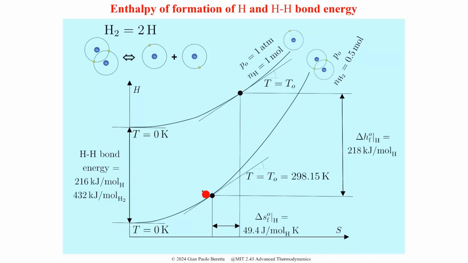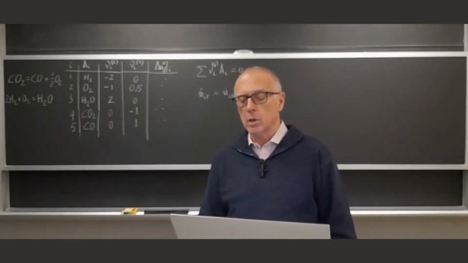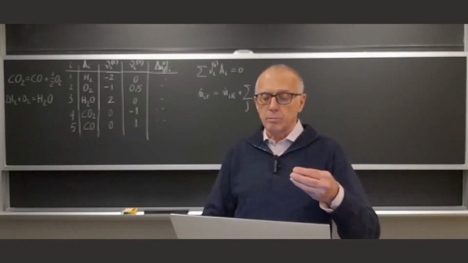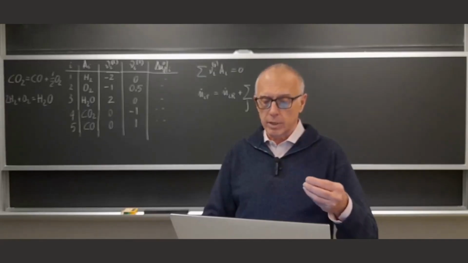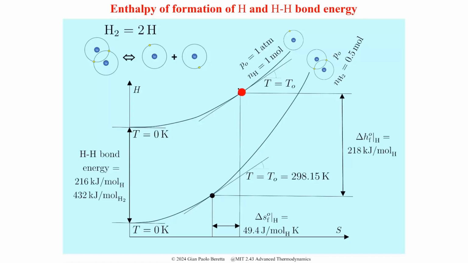And the enthalpy of formation of atomic hydrogen, so of this state here, from molecular hydrogen is given by the difference in the enthalpy between here and there. This is the amount of energy that you have to provide in a steady state reactor, where as input you have hydrogen at standard conditions, and as output you have atomic hydrogen also at standard conditions.